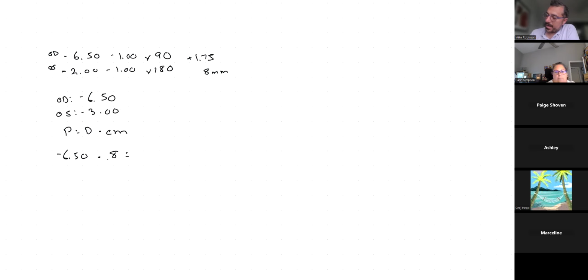And then for the left eye, minus 3 times 0.8, 2.4. So what is the total amount of slab off that we're doing for this lens?